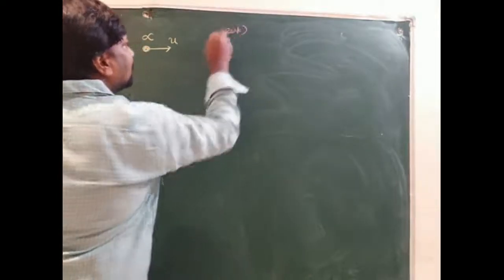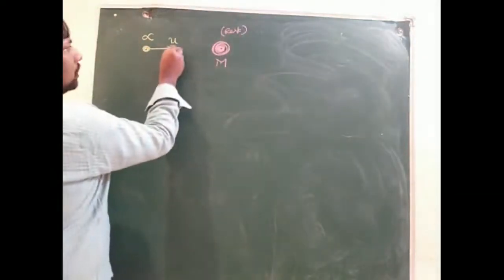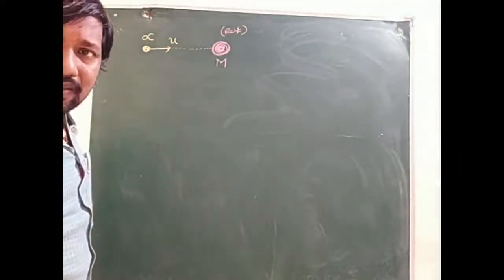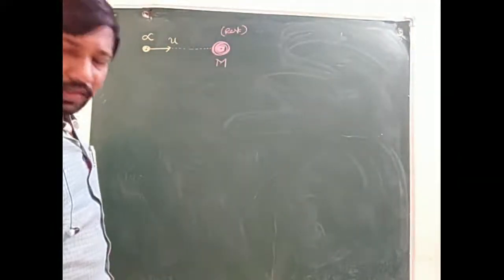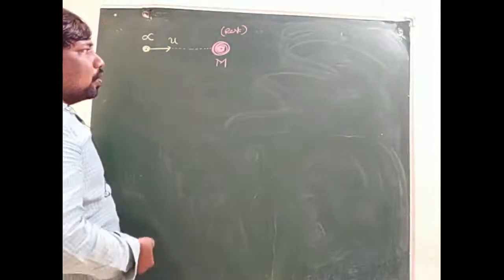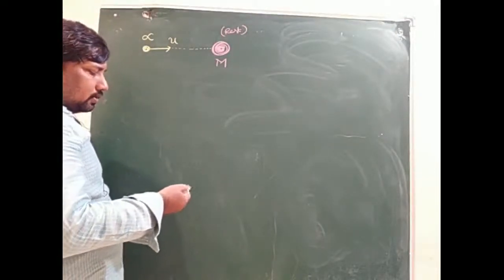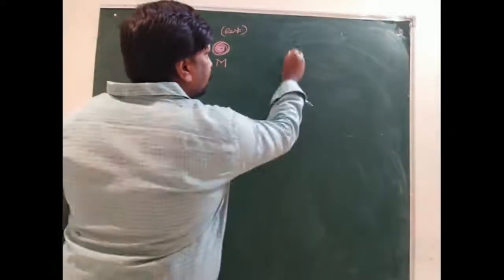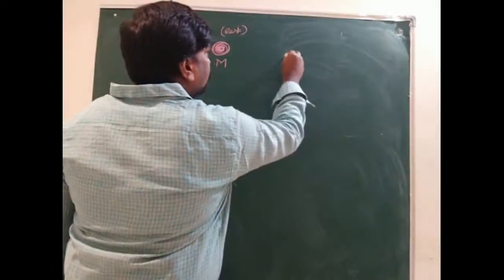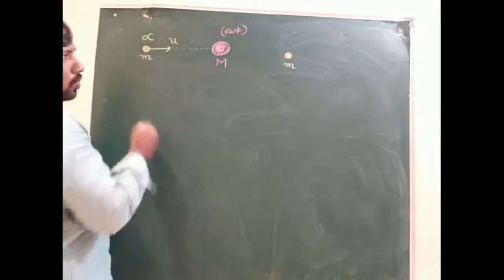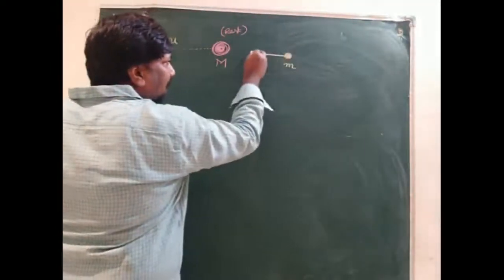It is at rest. Now this alpha particle collides with the nucleus, then it rebounds in the backward direction in this way. The mass of the alpha particle is small m.